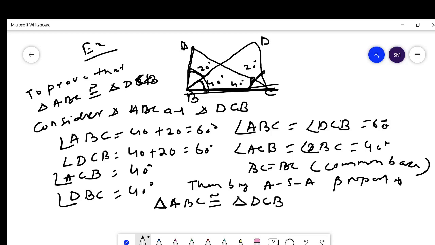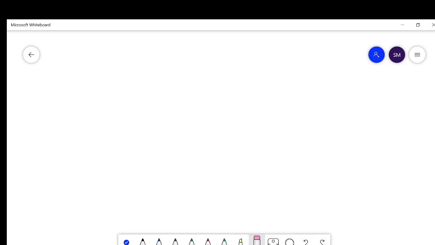By the ASA property, these two triangles are said to be congruent to each other. Okay.